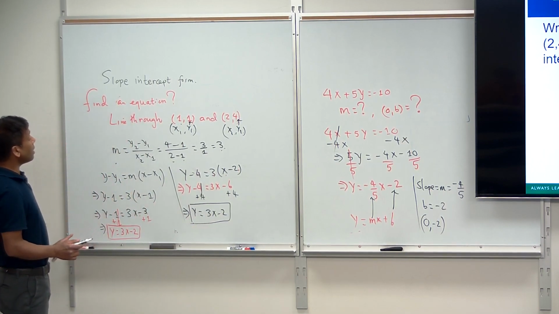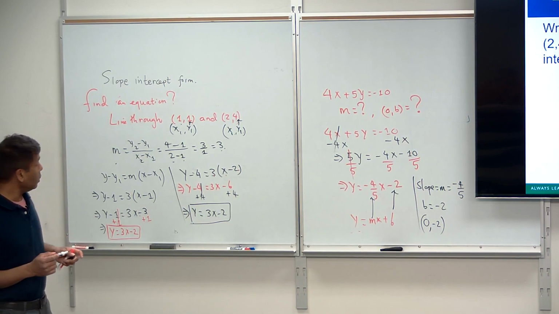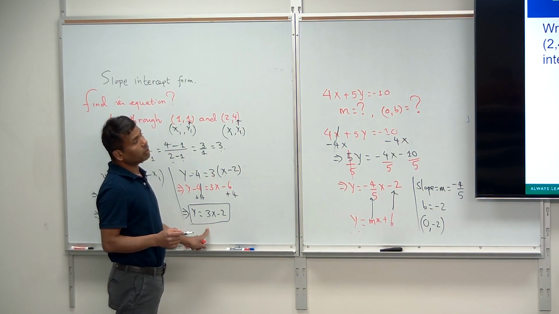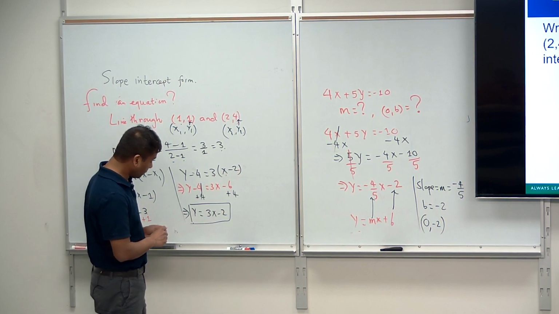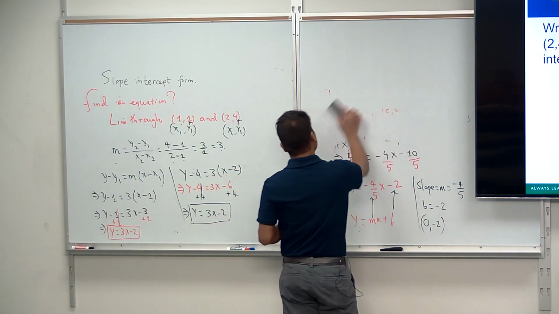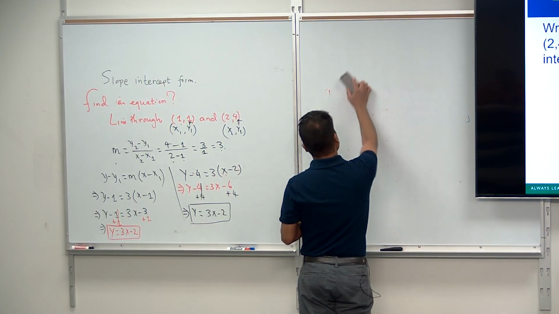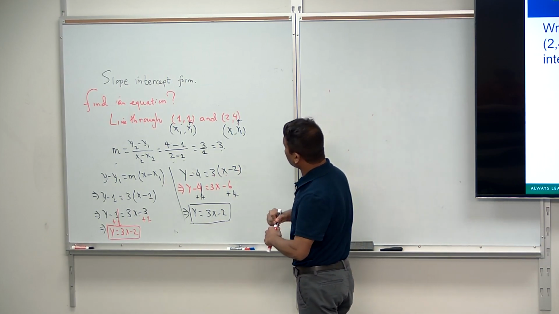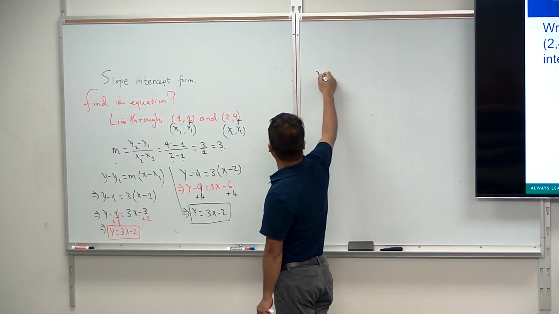So now we found an equation, but we need to graph the line using this equation in slope-intercept form. What is the y-intercept of this line?